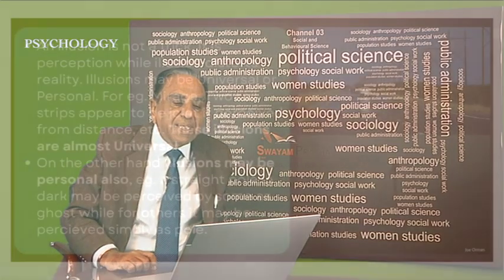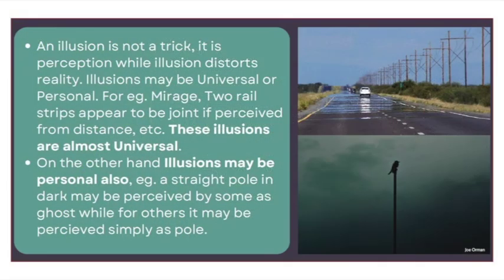So an illusion is not a trick. It is no trick. It is a perception. While illusion distorts reality, it is away from reality because it is false. Illusions may be universal or personal. For example, the mirage, and two rail strips appearing to be joined if perceived from a distance.